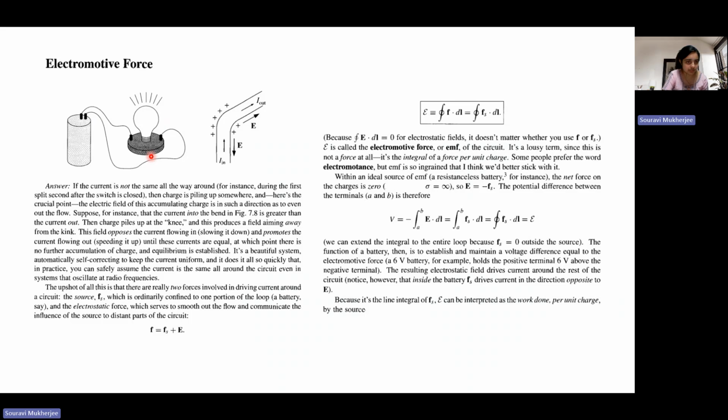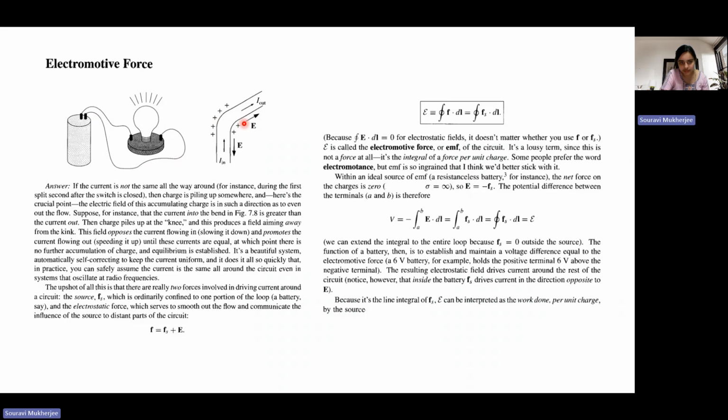We are still in the transient phase where the current is not equilibrated throughout the circuit. That means at a given point, there's I input and I output, and they are not equal to each other. That would lead to a charge accumulation: if I input is more than I output, you would have charge accumulation at this end.